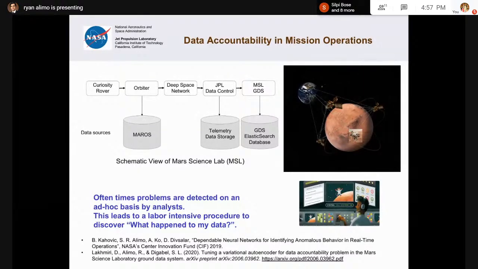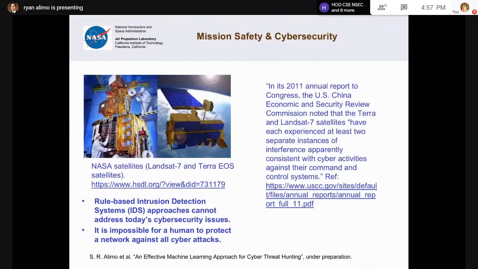We are also working on a supervised algorithm, but labeling this data is time consuming, so we created a new way of labeling the data and how it's missed, using a combination of the AI and the human operators, the experts that we have. This project was awarded twice, in 2019 and 2020, by NASA's Chief Innovation Fund.